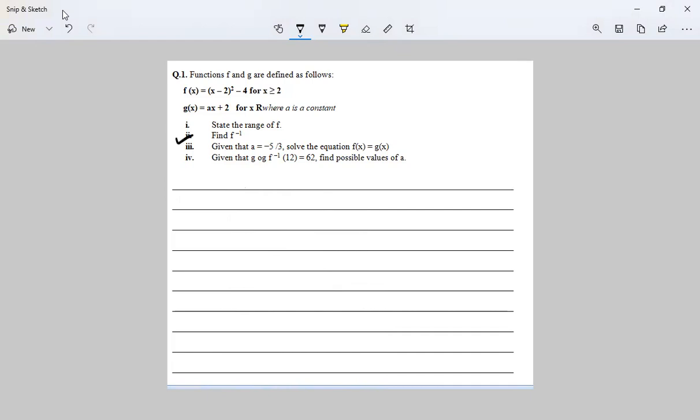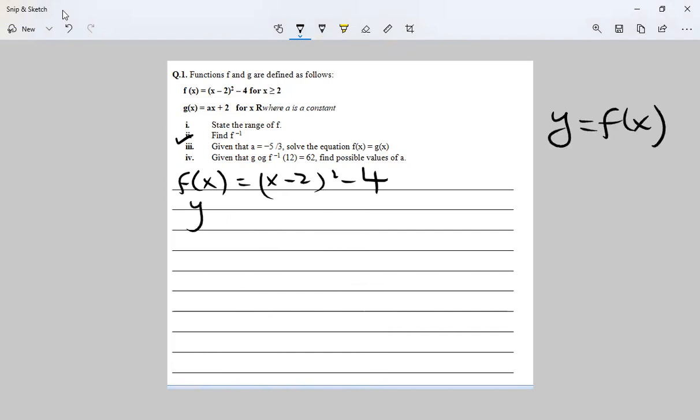Like this one: f of x is equal to (x minus 2) to the power 2 minus 4. As I have already told you, y is equal to f of x. It means y is equal to (x minus 2) to the power 2 minus 4. The minus 4 will come here. It will become y plus 4 is equal to (x minus 2) to the power 2.